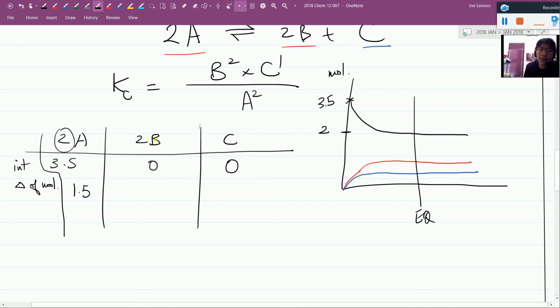As 2A and 2B are in the same ratio, when A dropped 1.5, B would definitely increase by the same amount, 1.5. However, C is only half of it, so half of 1.5 is 0.75 only. So that is the change of mole.